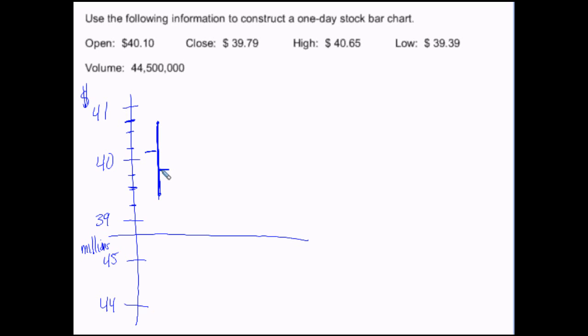Not too bad. And then our volume was 44,500,000, which is going to be halfway between here and here. And so right under the same bar, you just make like a bar graph bar, like a fat one.